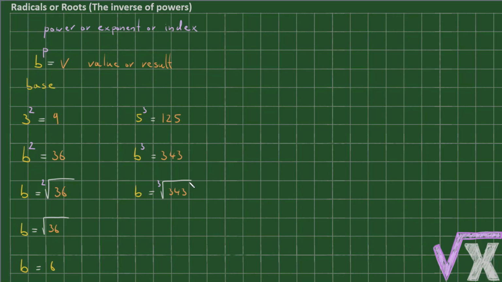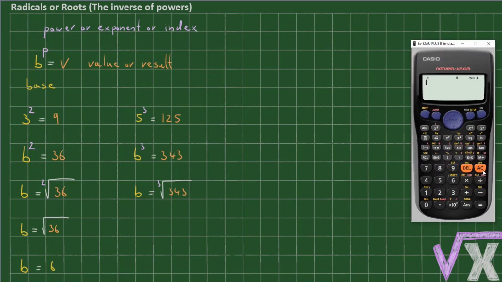And now I'm going to use my calculator. In this case, I need to use a different button. I cannot use the button I used in the previous example. So I need to press Shift and then this X raised to the white blank square button, and that will give me this radical symbol.